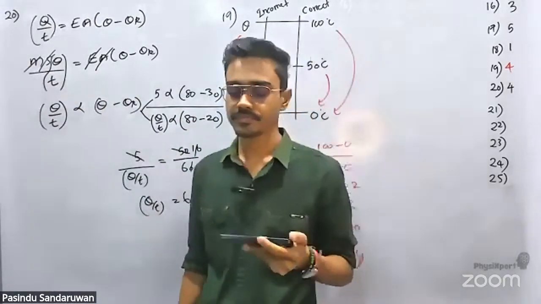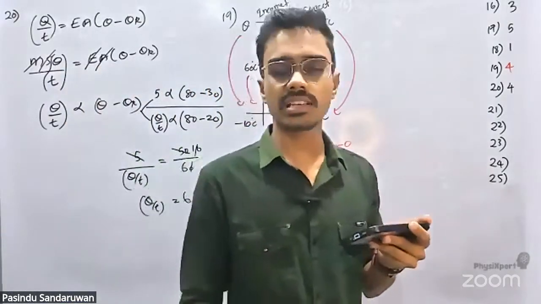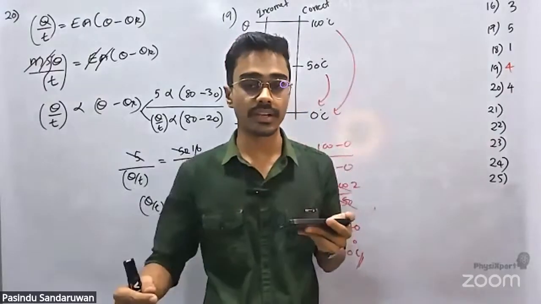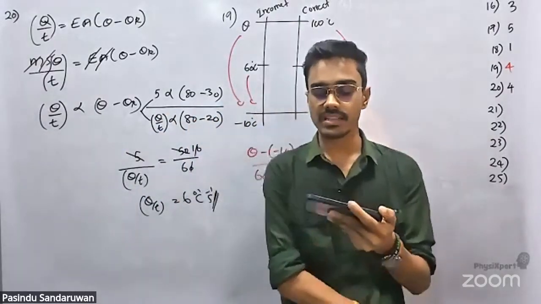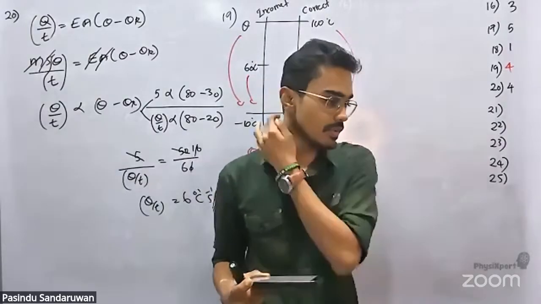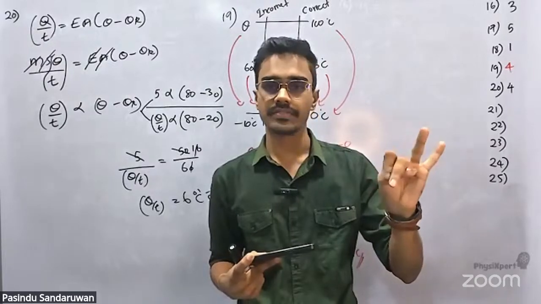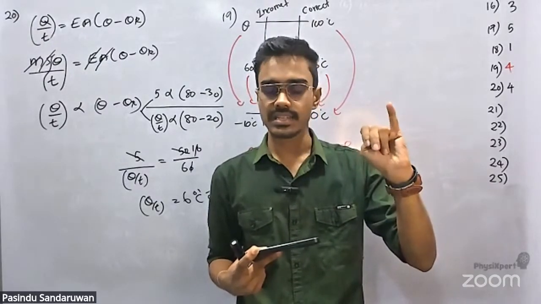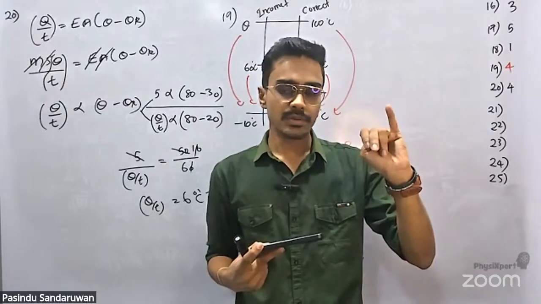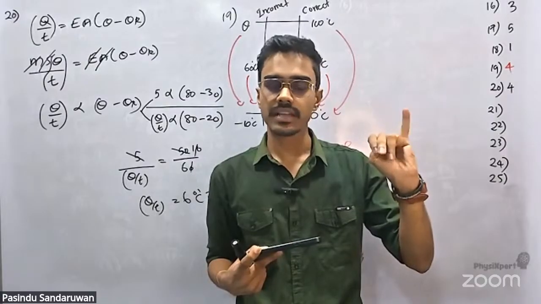21. A phenomenon which can be observed only in transverse waves. Very straightforward, direct theory. When it comes to wave phenomena, we have five: reflection, refraction, diffraction, interference, and polarization. And when it comes to polarization, longitudinal waves cannot be polarized.